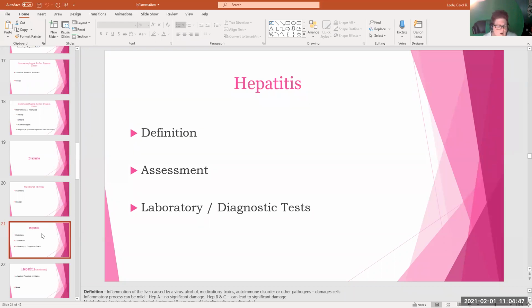People can get it from what? Bloodborne: sexual contact with contaminated blood or body fluids, and shared needles. Vertical transfer from the parent to the child. I know it could go in the breast milk.